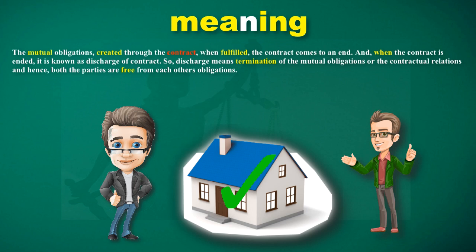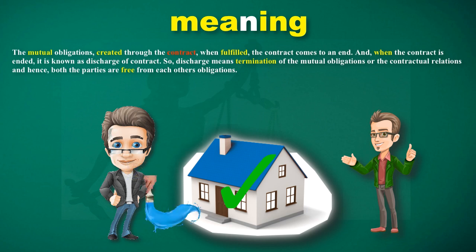In this definition, the last sentence says that discharge means termination of the mutual obligations. Of course, in this example there were mutual obligations. You were supposed to pay your friend 100 rupees and your friend was supposed to paint your house.